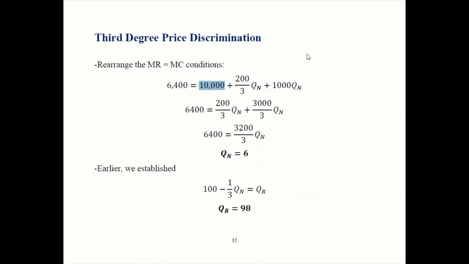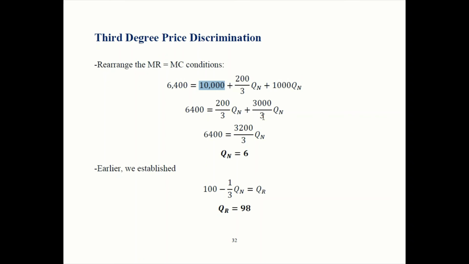So to get a common denominator, we then multiply top and bottom by 3. So I have 3,000 over 3 QN over here. Again, we're ignoring that 10,000. That's a mistake. So that does not appear down here. So I have 6,400 equals 200 over 3 QN plus 3,000 over 3 QN.